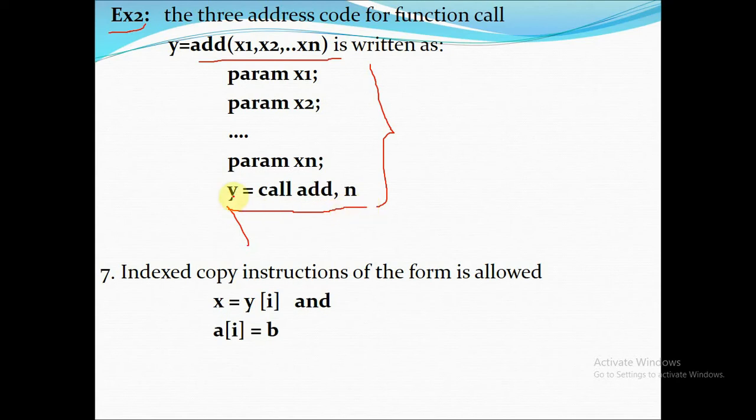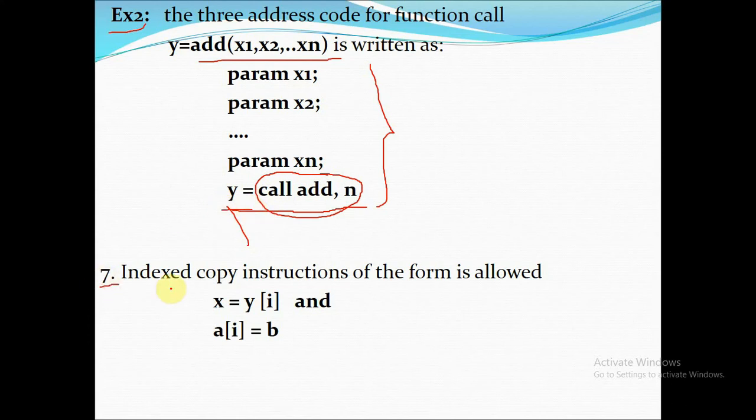Here y is a variable that catches the return value from the function. Here call is a reserved word, the function is add, and n is the number of parameters. So this function call returns some value that should be caught by the variable y.